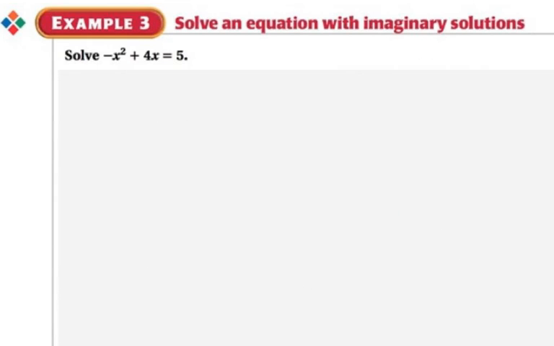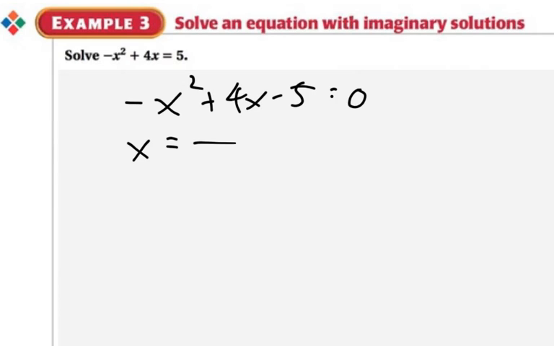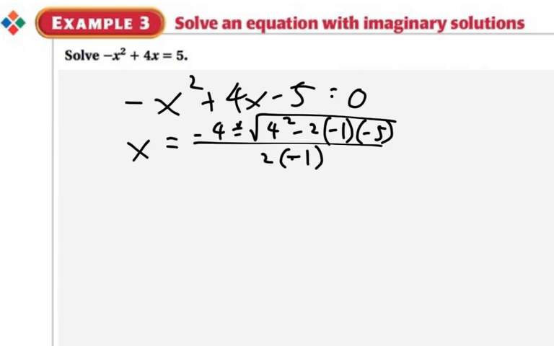Example 3 is when you're going to have an imaginary solution. So go ahead and try this by starting with turning it into standard form. So plus 4x minus 5 equals 0. Plug it into the quadratic formula, which looks like that.